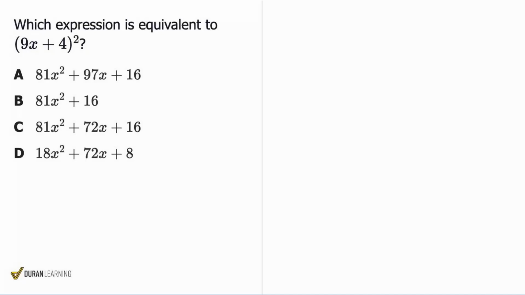We have 9x plus 4 all squared. Here's what people do. People think that this squared here means, hey, I can distribute the squared to the 9x and to that 4. This is what you would get if you think that's the right way to go about it.